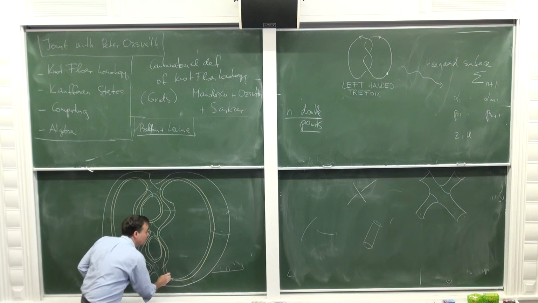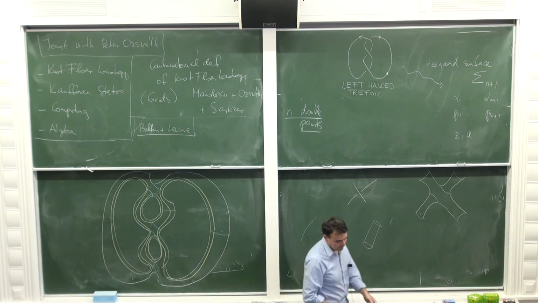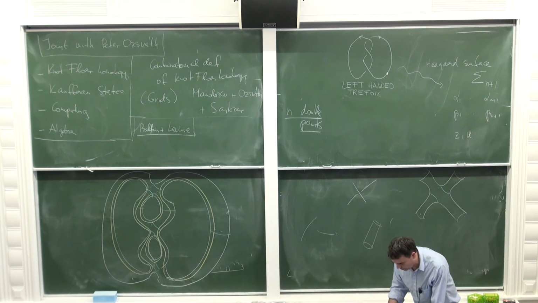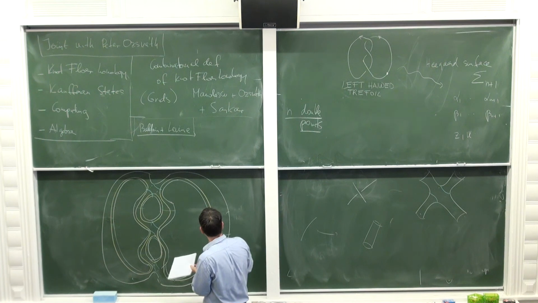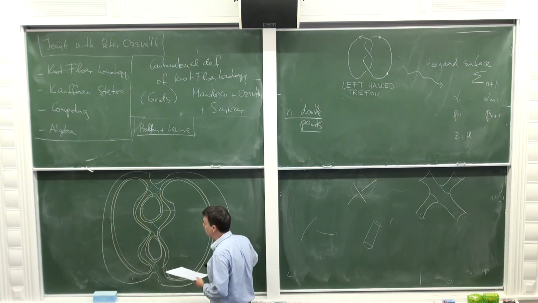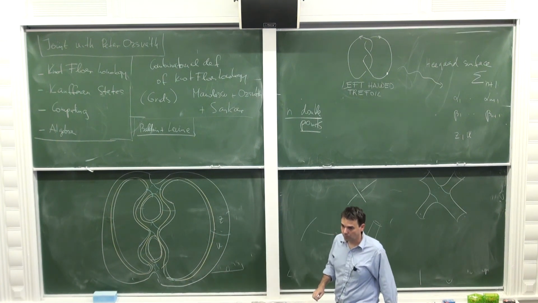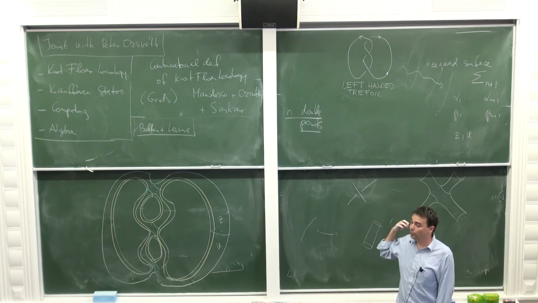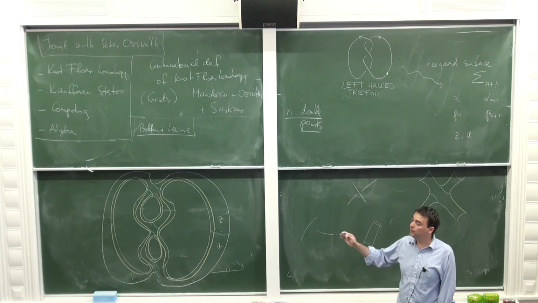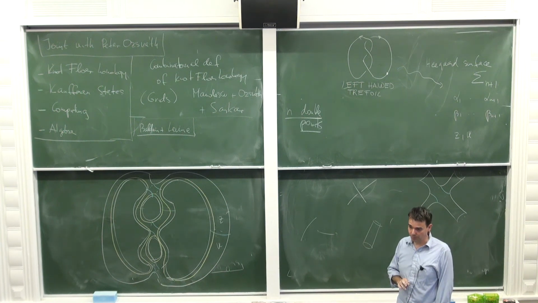And then we also need the two base points, and somehow depending on the orientation, here we put the base point here, and the other base point is down here. So I claim that, first of all, you can always do this for an arbitrary knot projection. And the claim is that this is a Heegaard diagram for the knot.